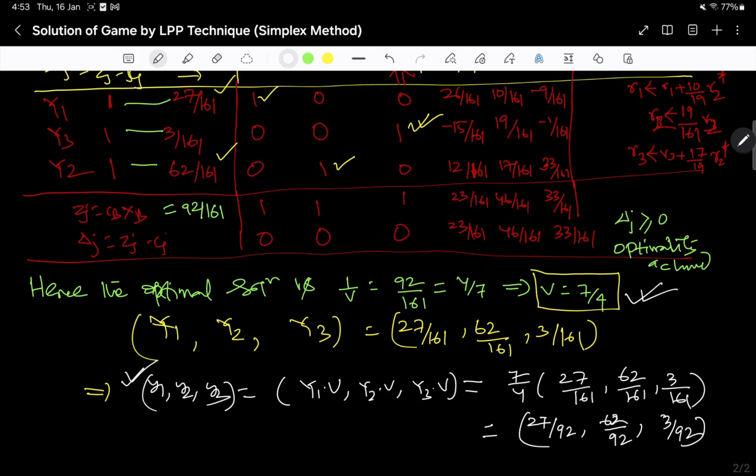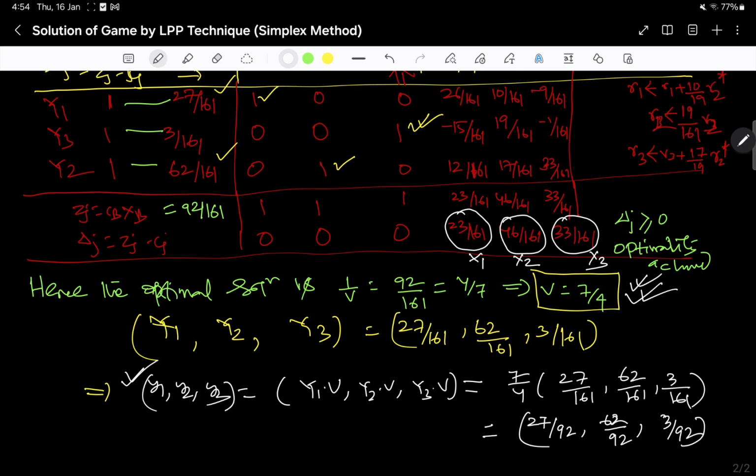Now for my A. From the principle of duality, this must be your x1, this must be your x2, and this must be your x3, and the value of the game remains the same.